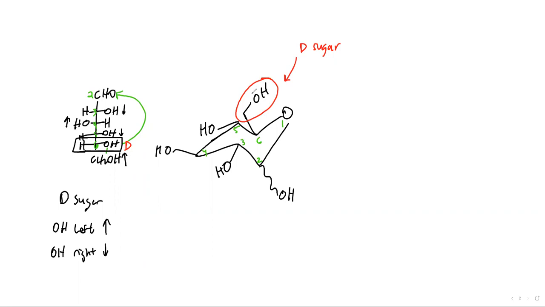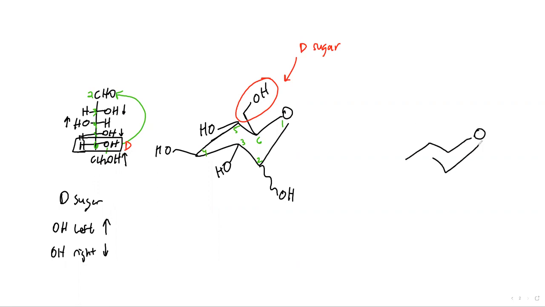Well, if the high stereocenter does the cyclization, such that CH2OH is coming off of the end there, we can use that as a signal for whether it's D or L. A D sugar would look like this.